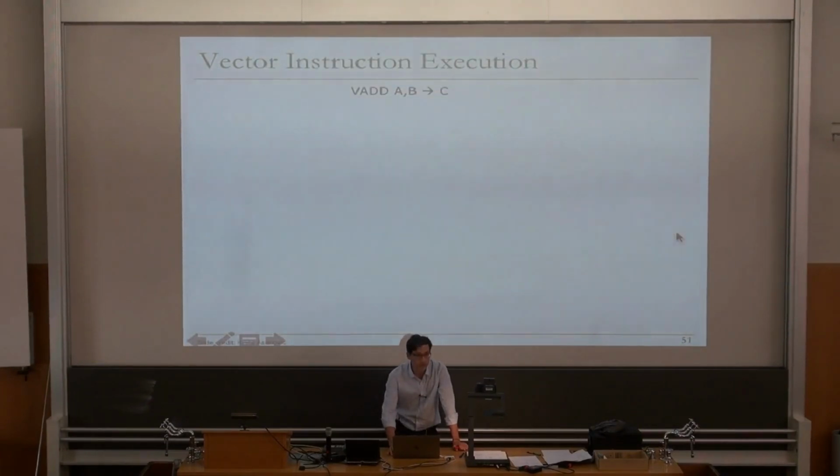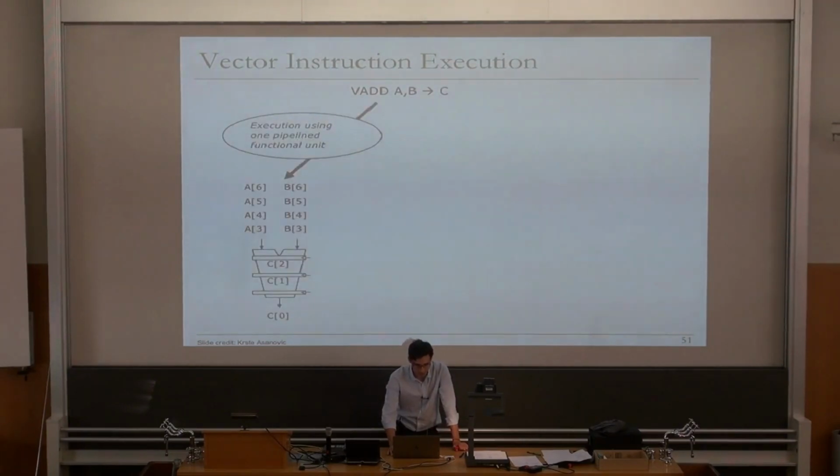And how are these instructions executed? So let's now take a closer look at the functional units. How are we going to execute this vector add here? In this vector add, we have two input vector registers, A and B, and one output vector register, C. How many units are we actually going to have? In a vector processor, we don't need to have more than one, actually.